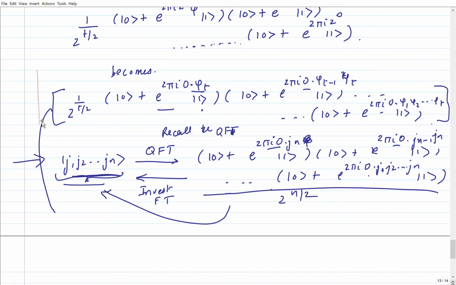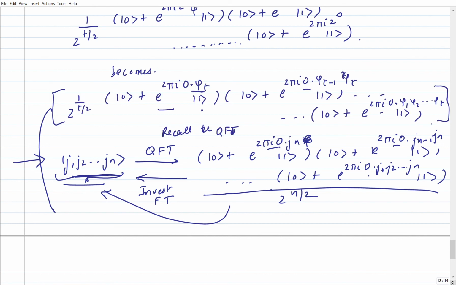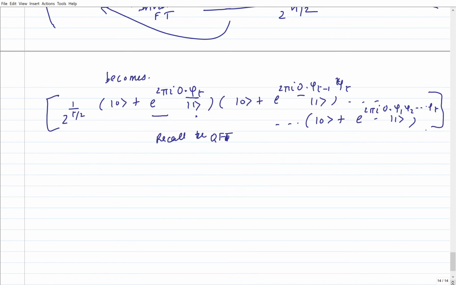In other words, this guy through the inverse quantum Fourier transform will become phi 1, phi 2, up to phi t.